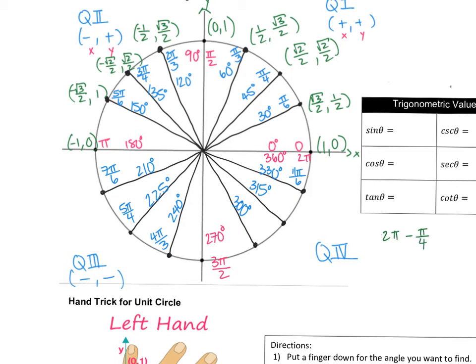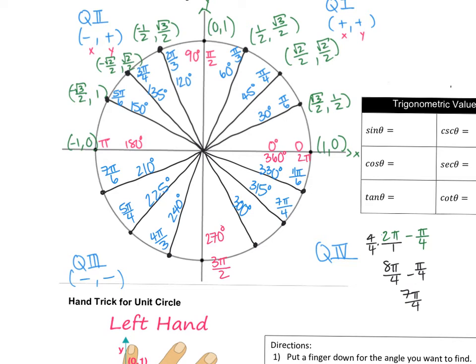So I'm going to put 2 pi over 1, and again, change the denominator. So I'm going to multiply the top and bottom by 4. So this is 8 pi over 4 minus pi over 4. So if I subtract the top, 8 pi minus 1 pi is 7 pi over 4. So that's 7 pi over 4.